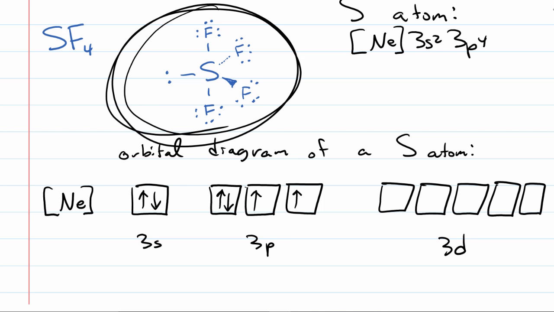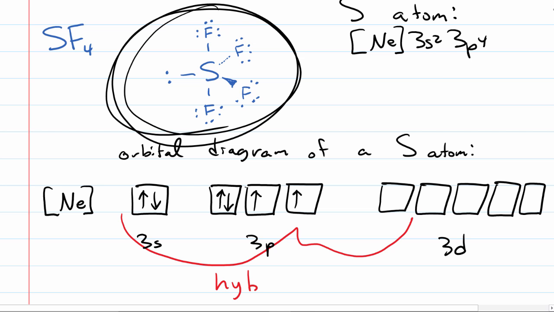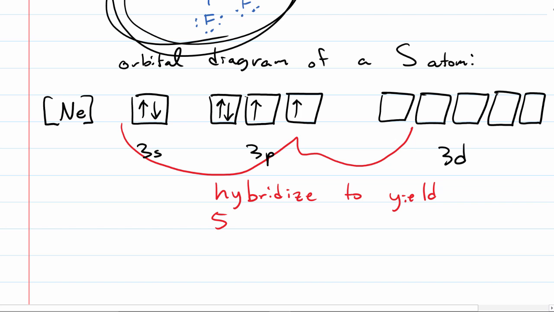So what we're going to do then is this. We are going to say that these orbitals right here will hybridize to yield 5 orbitals of equivalent energy.